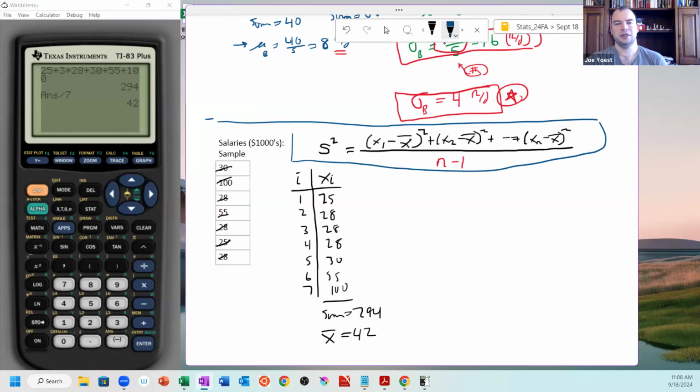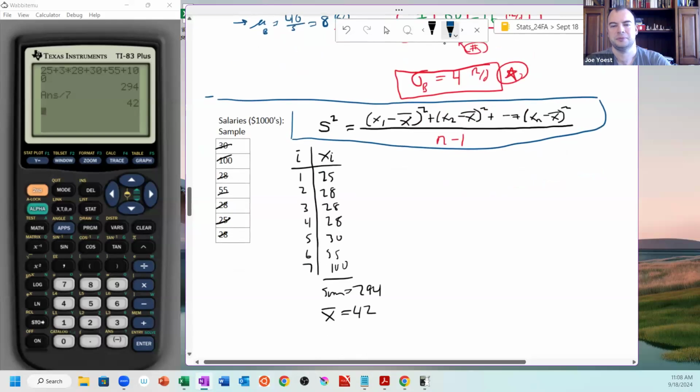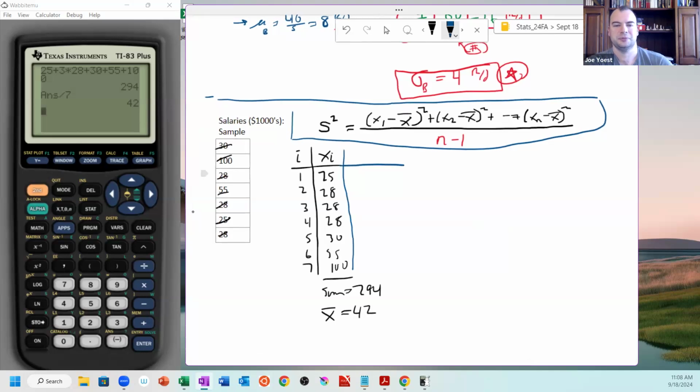I need to get my deviation of each data point from the mean. I need to square each of those and then add them together. The only difference is this very last step where I decide what to divide by. I have to divide by a different number, not n, but n minus 1. But the rest of this chart is the same, whether we're in a population or a sample.